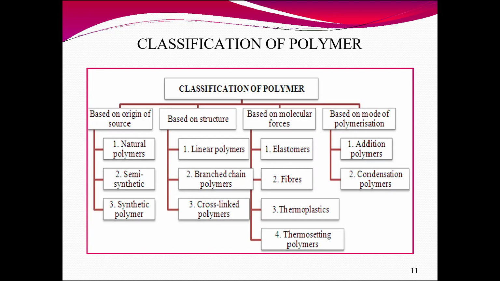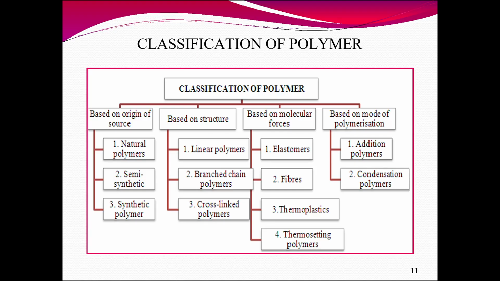And this is the next classification of polymers. The polymers are broadly classified on the basis of source, structure, molecular force, and mode of polymerization. Based on the source, it can be subclassified into three: natural polymer, semi-synthetic polymer, and synthetic polymer.